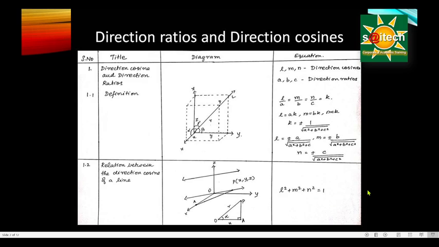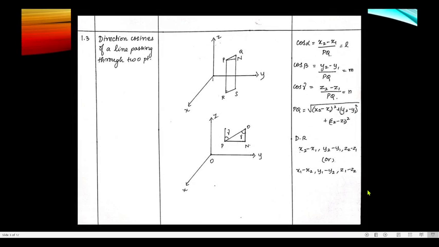The third concept is direction cosines of a line passing through 2 points. If they have given 2 points, we have to find its direction cosines. Here we introduce the angles alpha, beta and gamma. L is equal to cos alpha, M is equal to cos beta and N is equal to cos gamma.